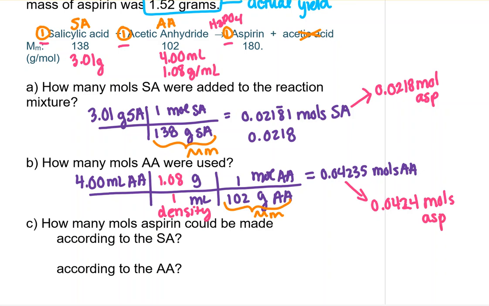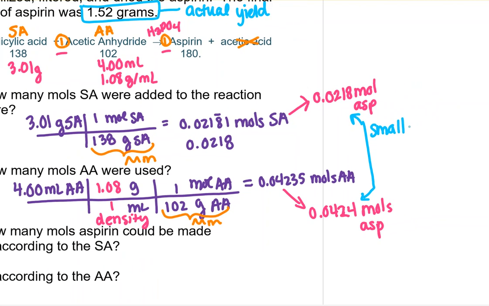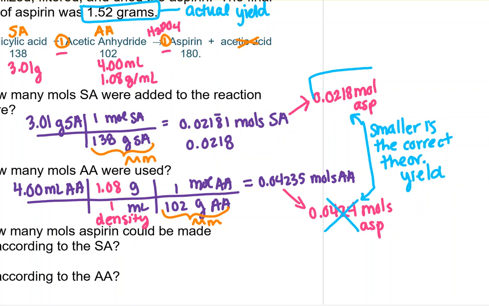So that's predicting the possible yields, and basically you compare those two, and the smaller one is the correct theoretical yield. This one is larger, so this one is my theoretical yield.